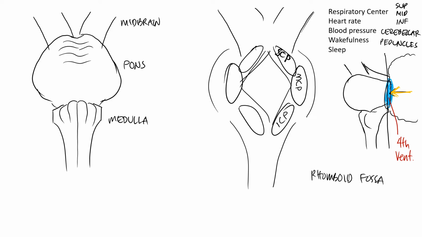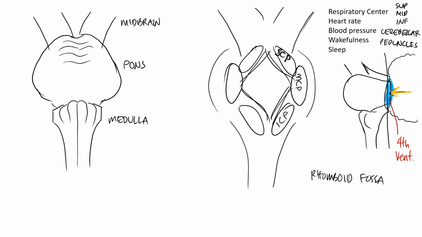So basically, you have all those walls forming your rhomboid fossa. And if you put back your cerebellum, now you have a cavity. That's your fourth ventricle. We'll discuss your ventricular system at a later date.